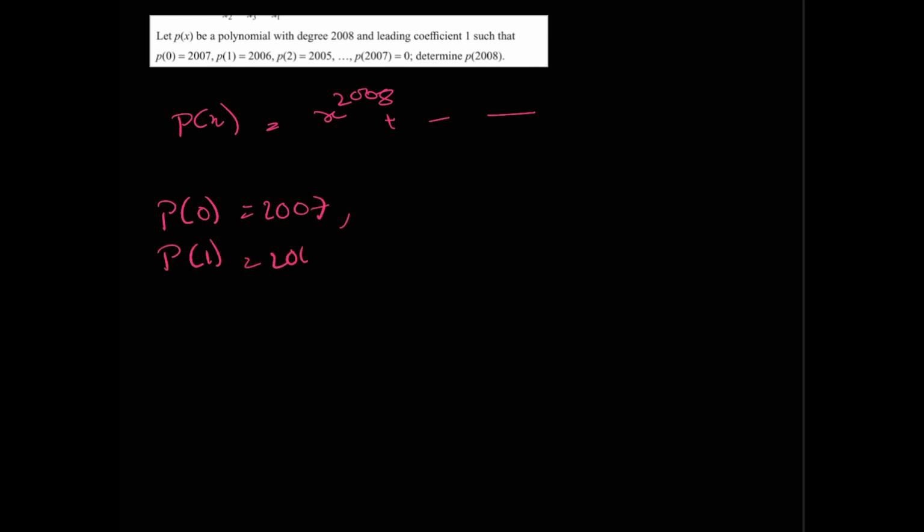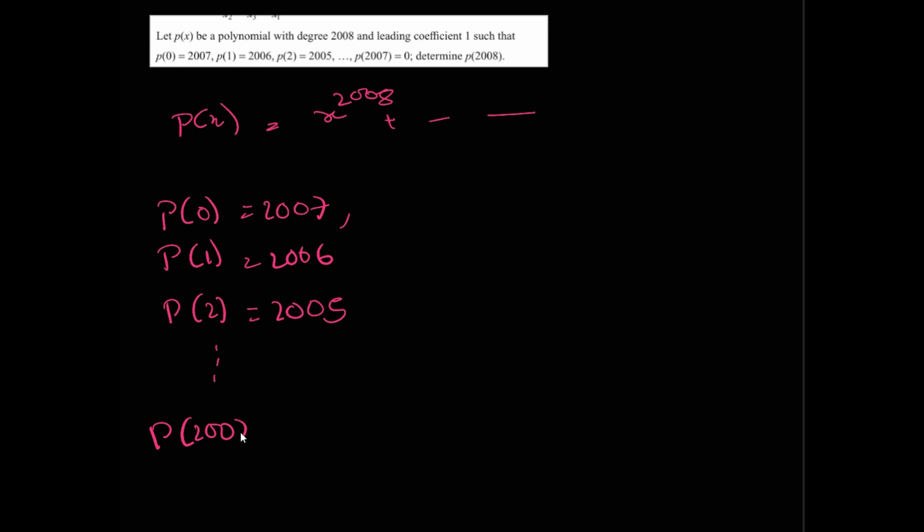That means they are saying that p of x is a polynomial with degree 2008 with leading coefficient 1, and p of 0 equals 2007, p of 1 equals 2006, p of 2 equals 2005, and so on.